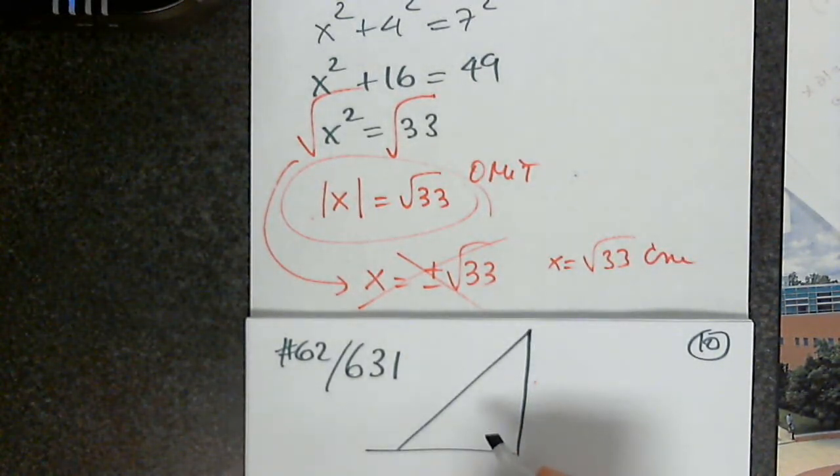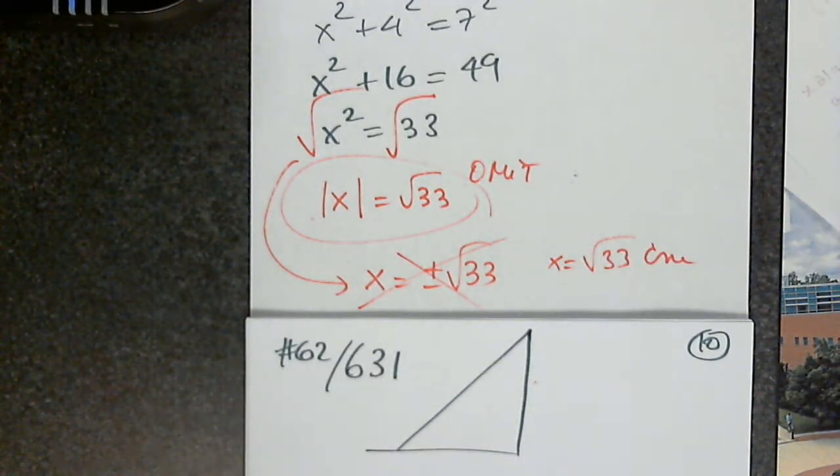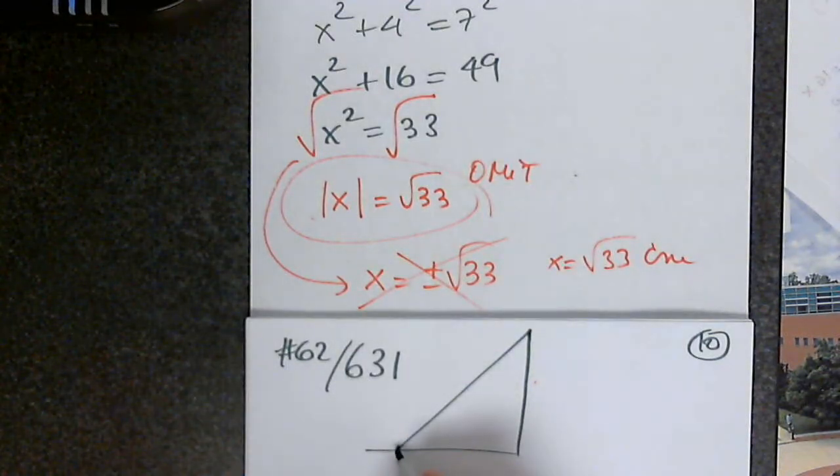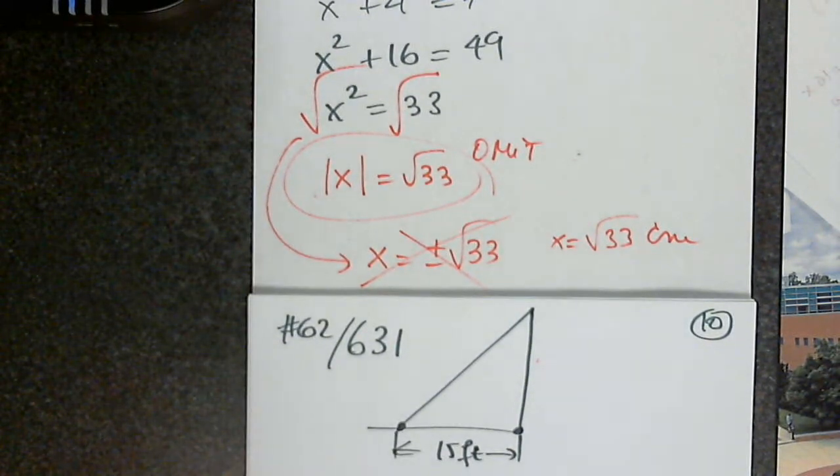Because of surrounding buildings, sidewalks, and roadways, the wire must be anchored exactly 15 feet from the base. So this distance is 15 feet. Telephone company workers have only 30 feet of cable, and 2 feet of that must be used to attach the cable to the pole.